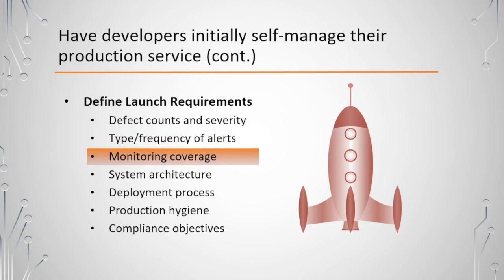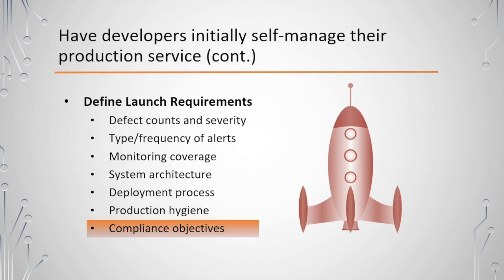Is the coverage of monitoring sufficient to restore service when things go wrong? Is the service loosely coupled enough to support a high rate of changes and deployments into production? Is there a predictable, deterministic, and sufficiently automated process to deploy code into production? Is there evidence of enough good production habits that would allow production support to be managed by anyone else?